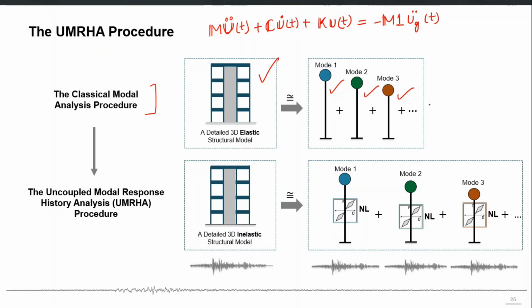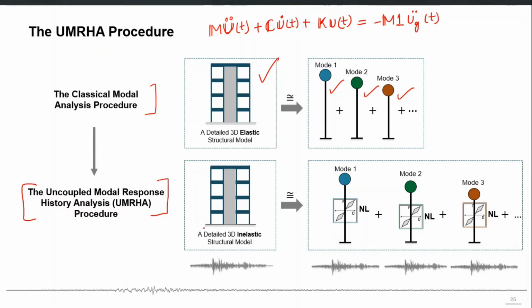This idea is only applicable to linear systems. It is strictly applicable to linear systems. The concept of mode shapes doesn't exist in nonlinear systems. Mode shapes are only associated with linear systems, right? But we can invoke some assumptions. This uncoupled modal response history analysis procedure is based on the assumption that mode shapes still exist in the nonlinear range.